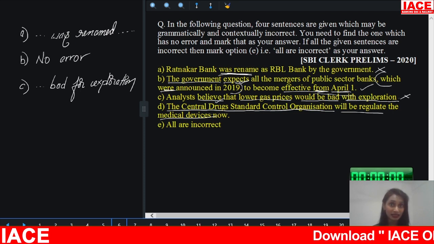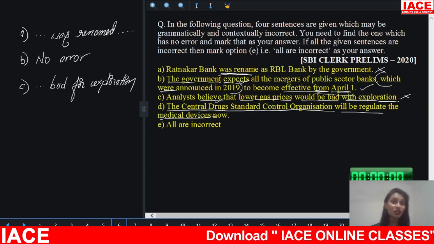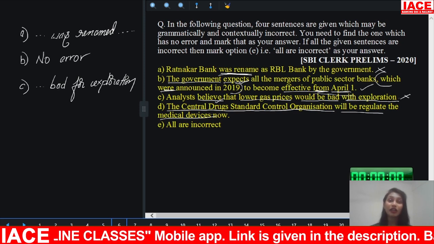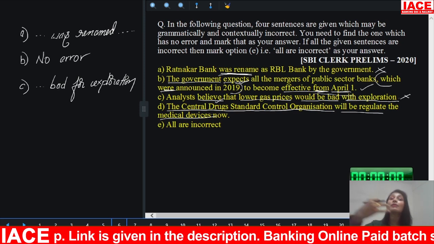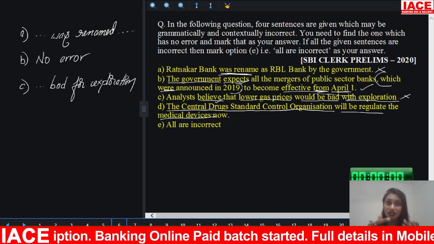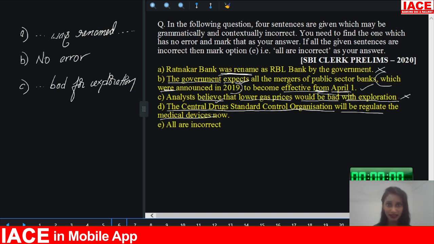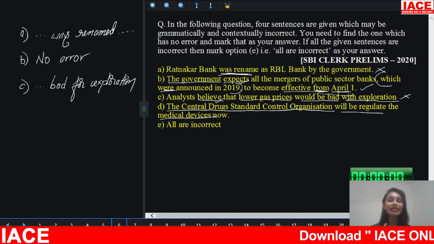There, was killed. That means who did the action? Ravan was killed. Subject Ravan. Did Ravan do the action? No. Killed by Ram. Ram did the action. That means the object did the action. That is passive voice. So now look at this. The Central Drugs Standard Control Organization is our subject. Will be regulate the medical devices now.